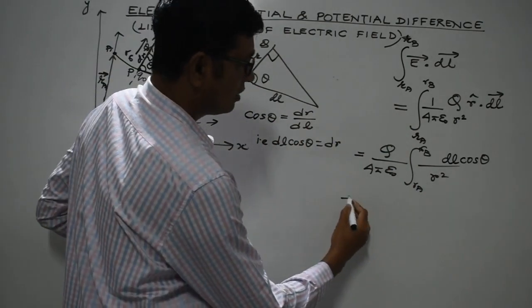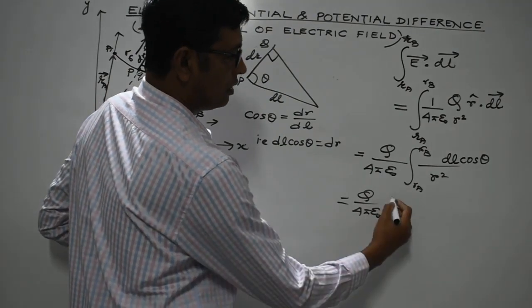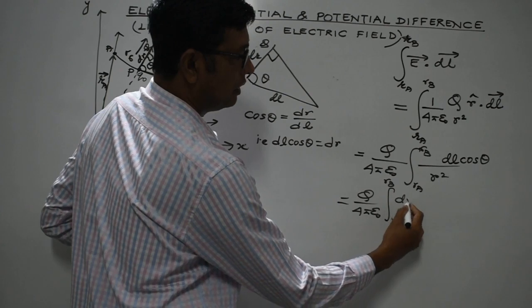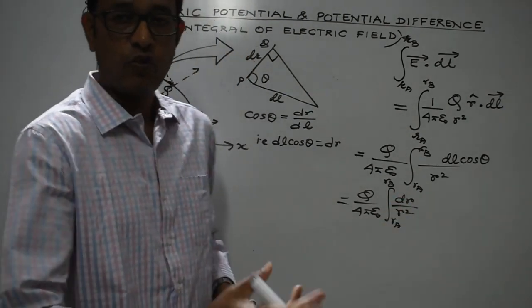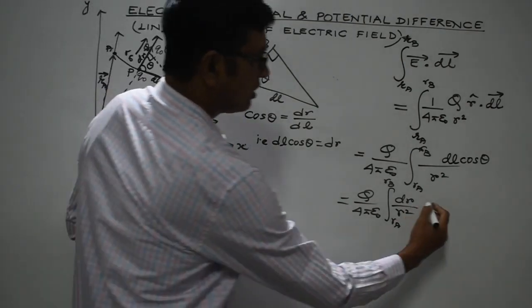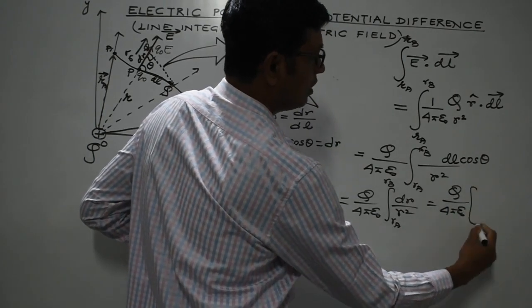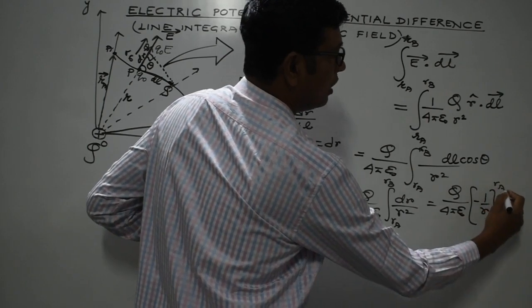So what we get is Q divided by 4 pi epsilon, integration from RA to RB of dr by R square. Integration of 1 by R square with respect to R is minus 1 by R. So we get Q over 4 pi epsilon times minus 1 by R, from RA to RB.